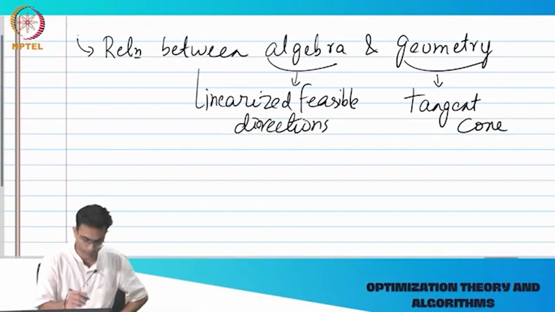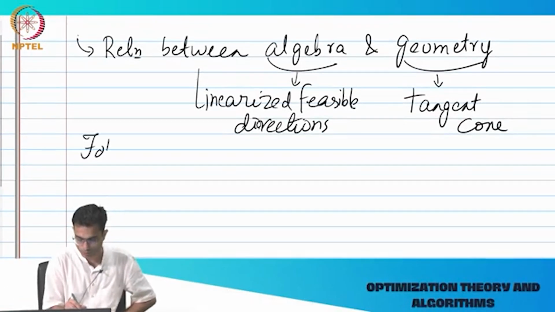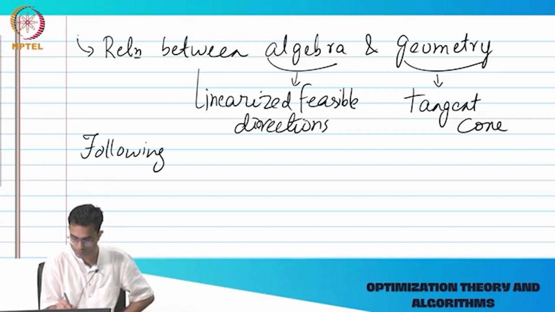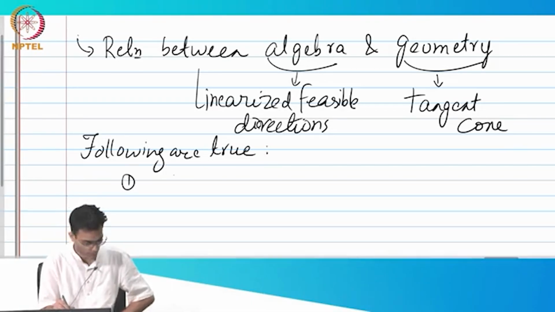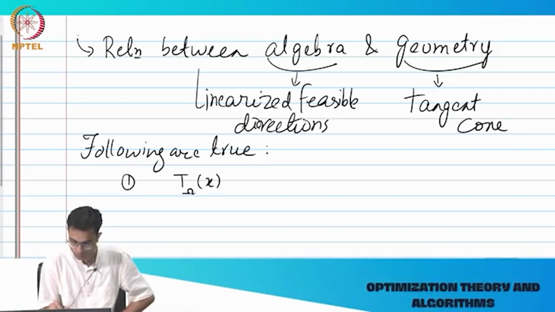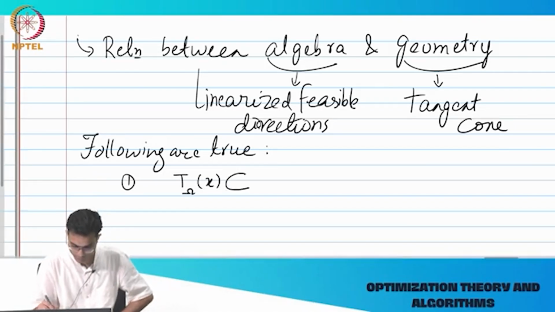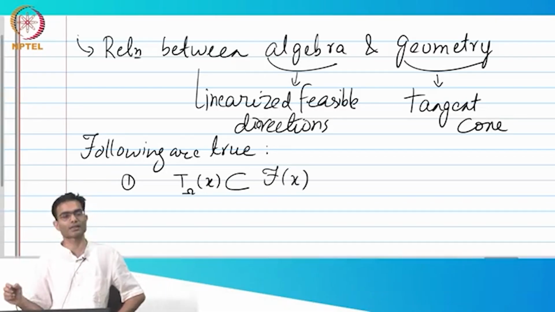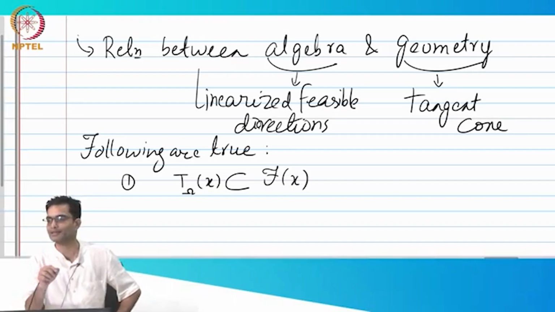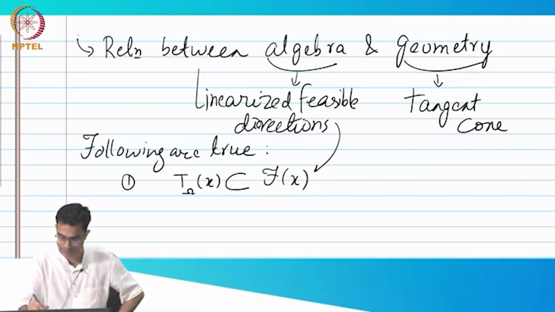Okay. So the following are true statements. The tangent cone is a subset of the linearized feasible directions. Remember, we had given it a fancy F symbol. So that's this guy.